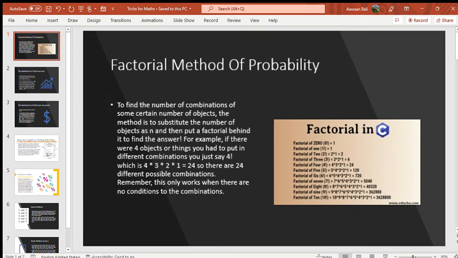So basically, if you have 4 different objects you can mix up, 4 factorial is 24, which means there are 24 different ways you can put them there. But this only works if there's no conditions, like this person has to sit there, nothing like that.